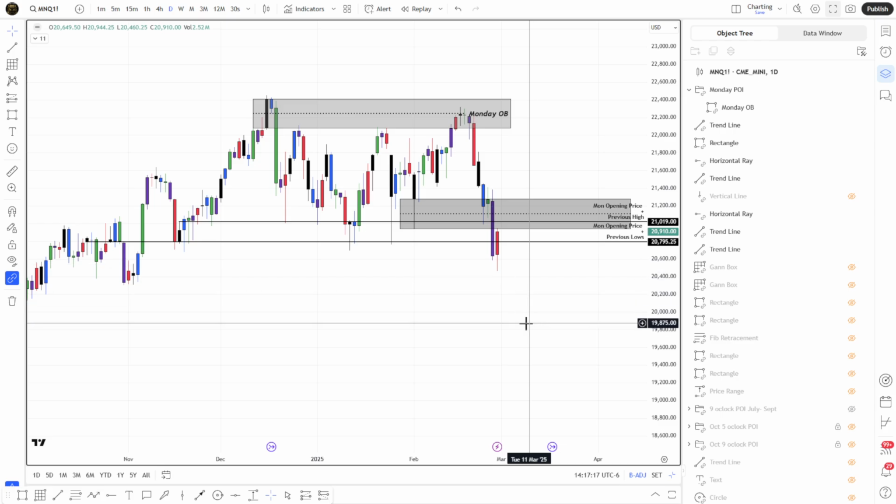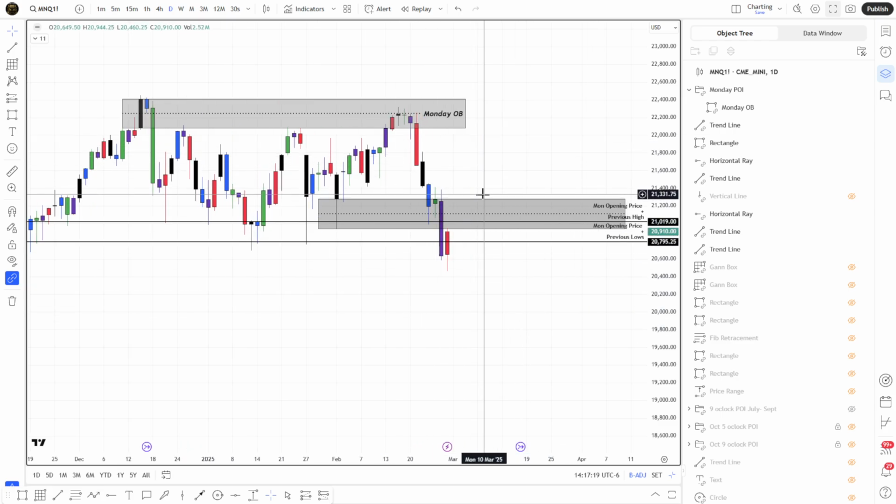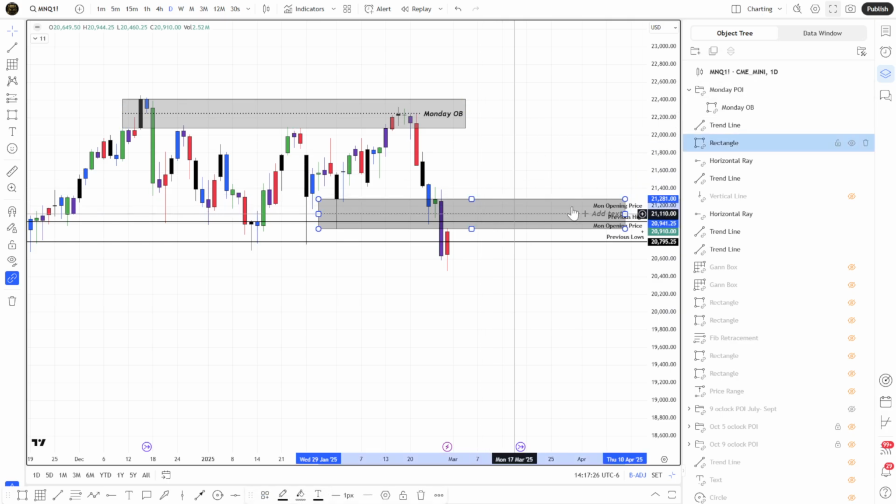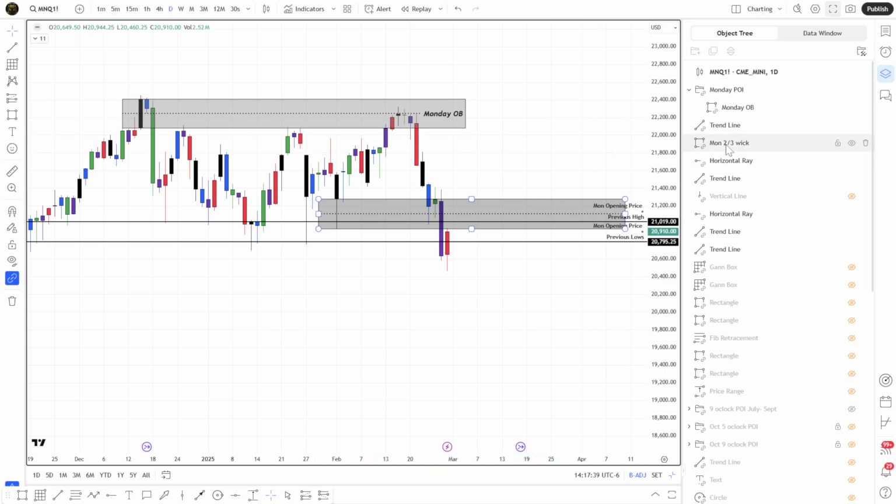You can start marking out points of interest and adding them. That way, when you want to hide all that stuff, so we'll take this. This is February 3rd, Monday, 2-3 wick. Drag that up, put it in there.